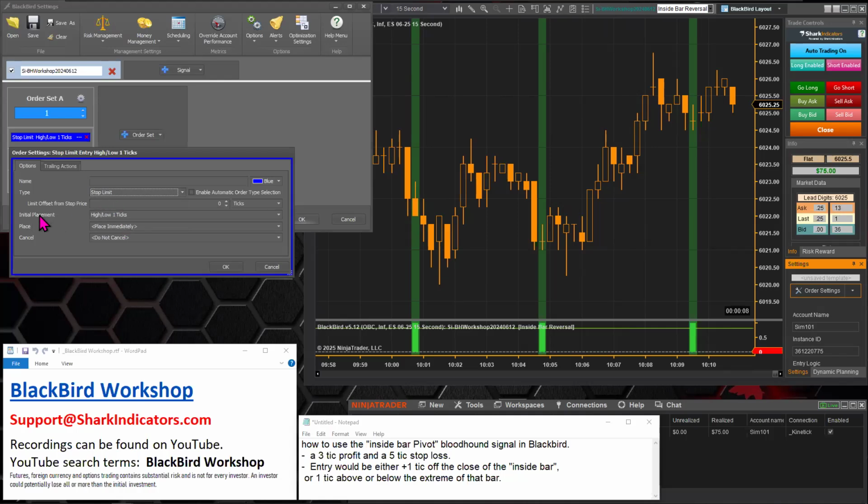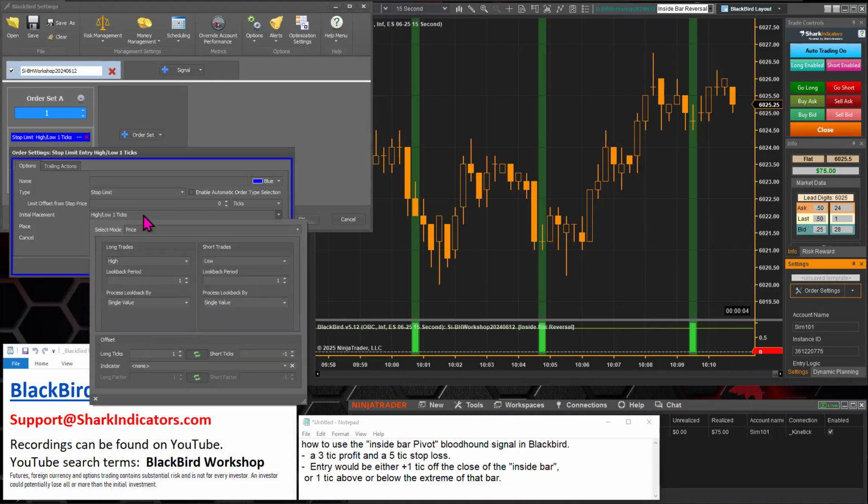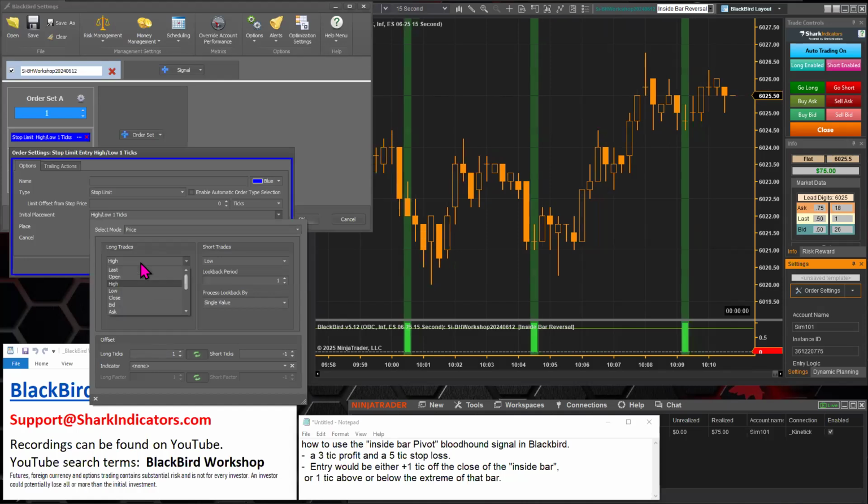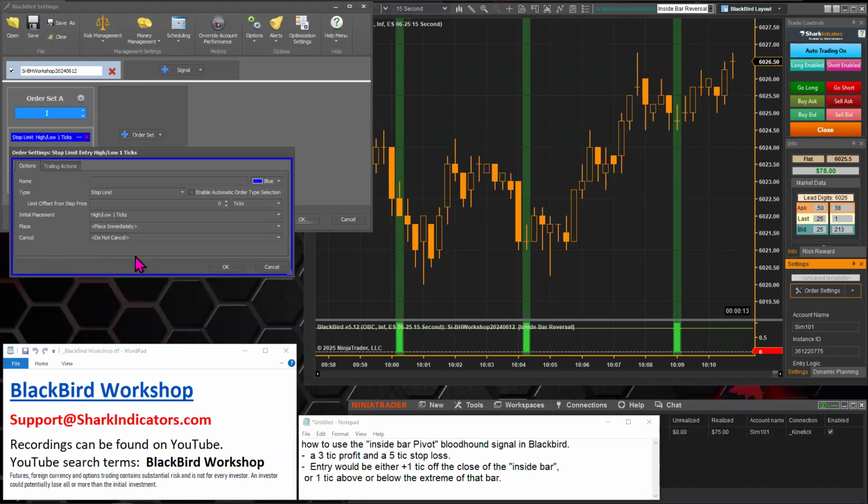And then the next one is setting up the initial placement. It's a matter of picking the correct bar price that you want to use, like so, and then setting up the offset as well. So there's the entry order.